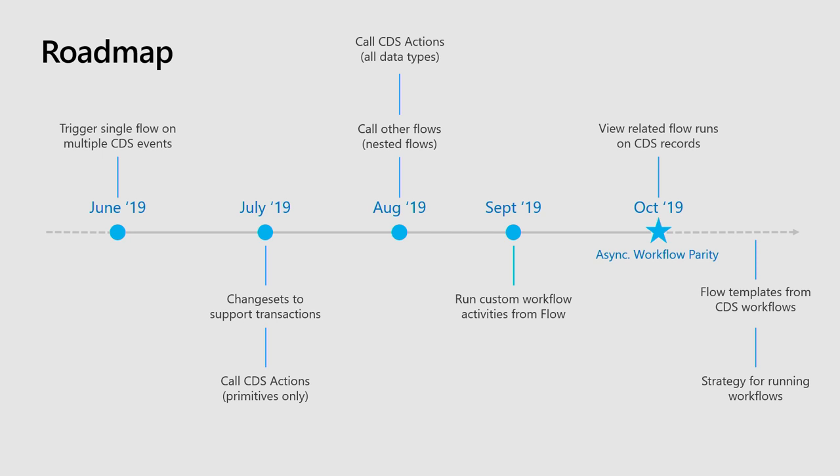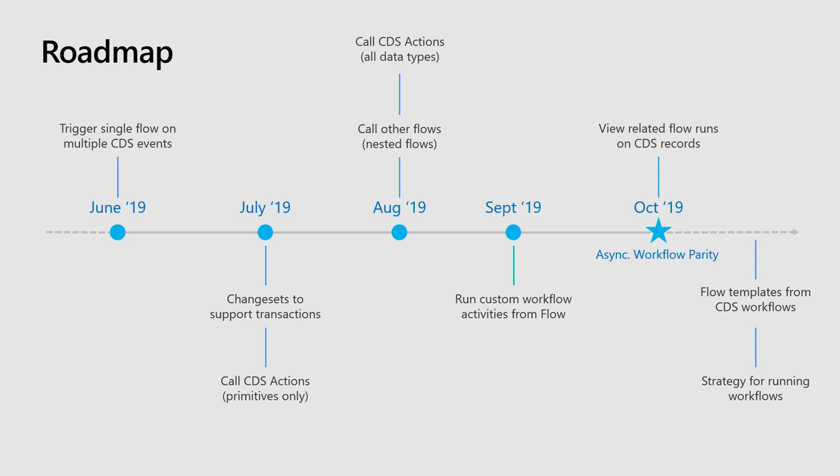We're in June right now. There are some things coming this month, for example, the ability to have multiple types of events. Today inside Flow, you only have one trigger in a flow, but you can configure that trigger to fire whenever a record has been updated or deleted or created. You'll be able to configure that.